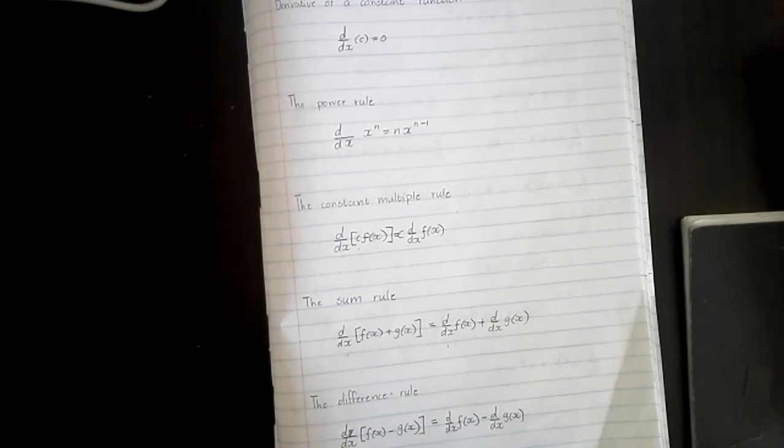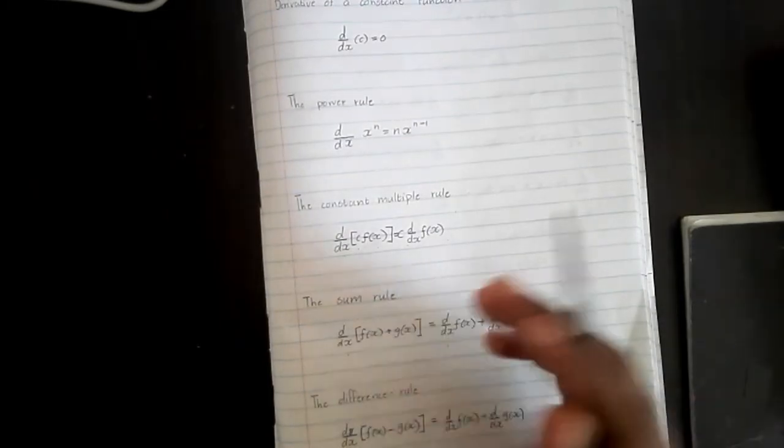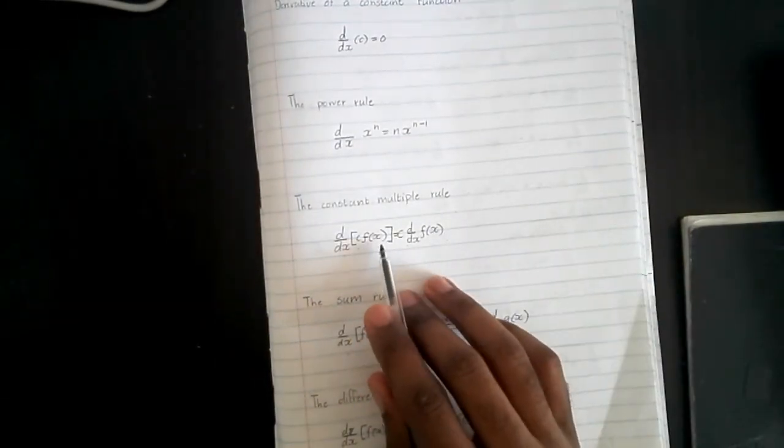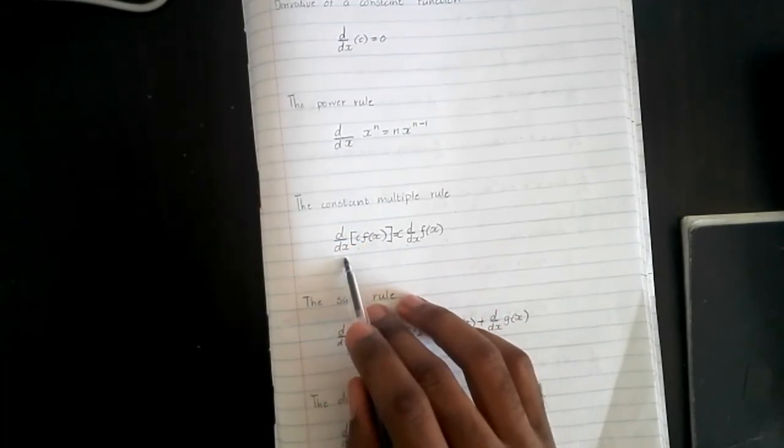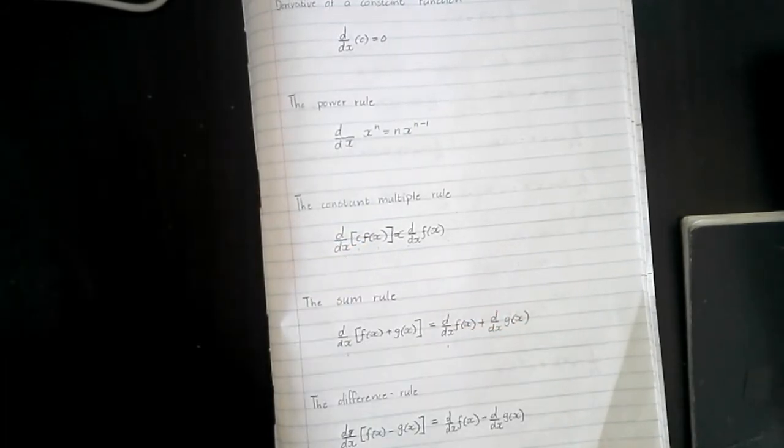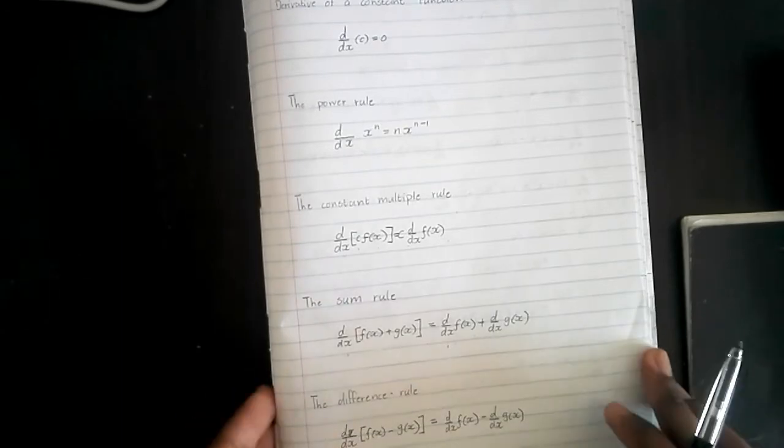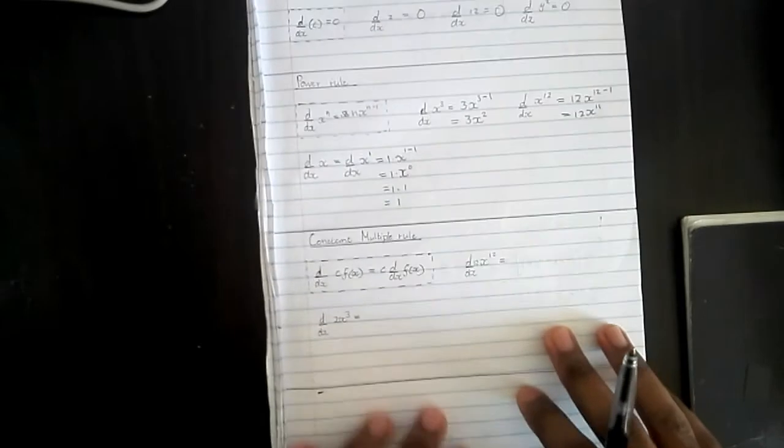Unless the constant was part of the function, that's another story. But in this case, the function is just a multiple of the constant. So you can remove the constant, then multiply it back later. Let me show you some examples of that.